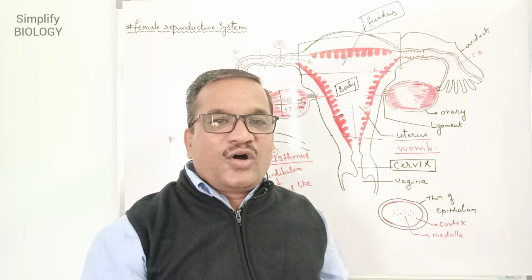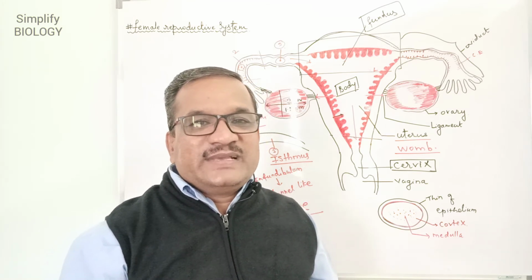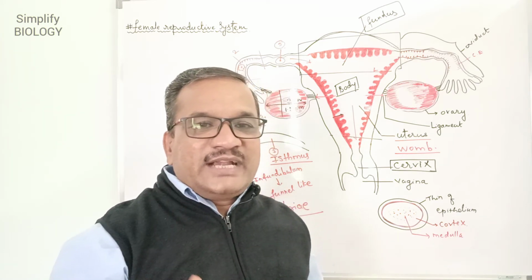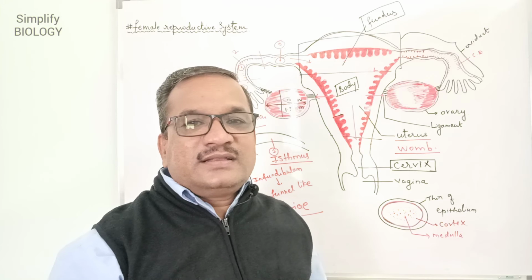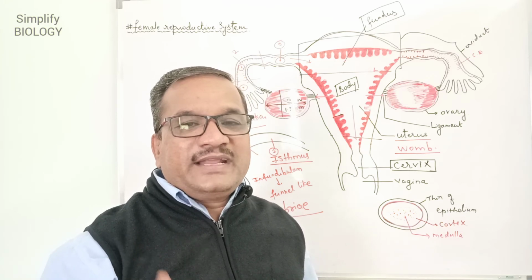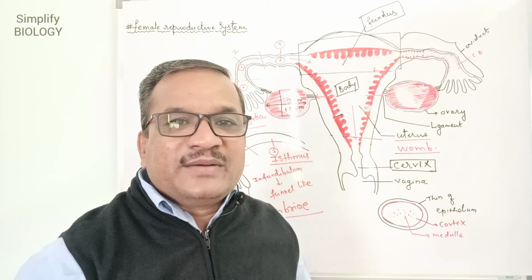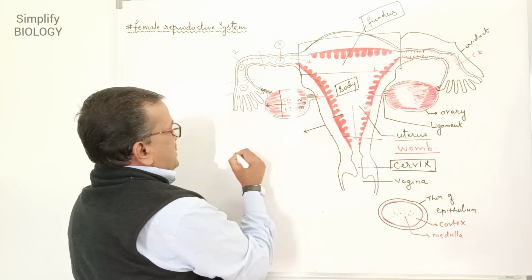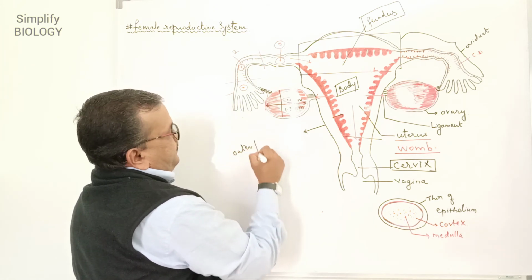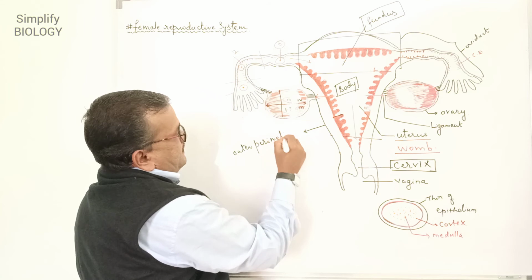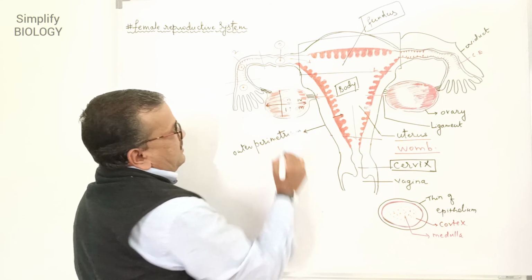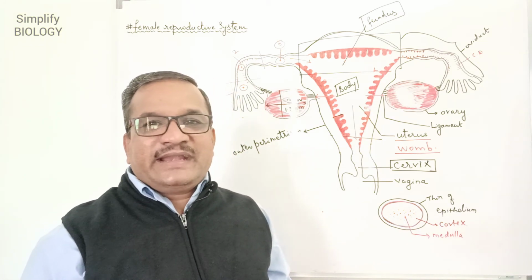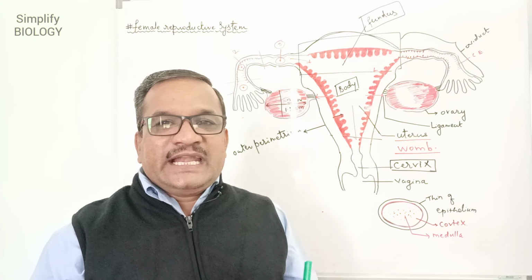The body consists of a wall, and it consists of three metrium layers. What are the names of these layers? The outer part of the body is called the perimetrium, and it is a peritoneal layer.